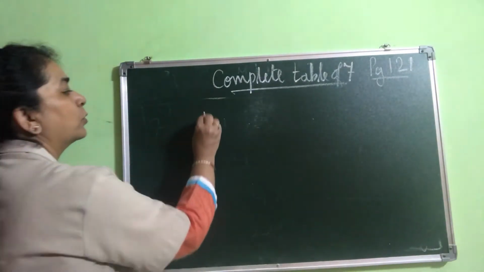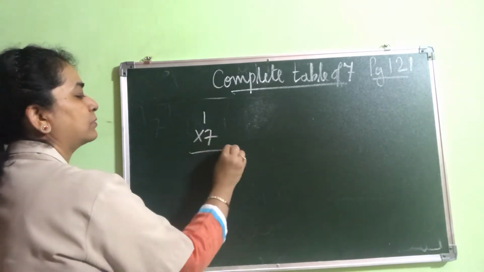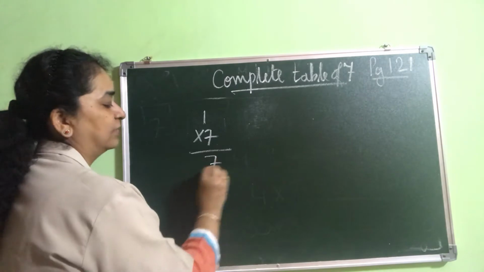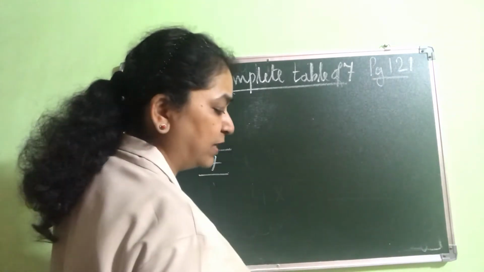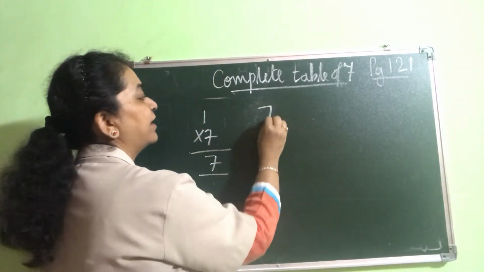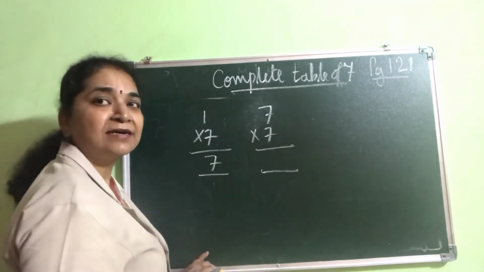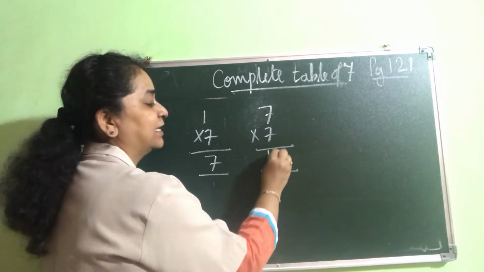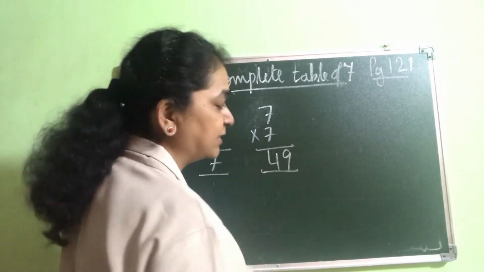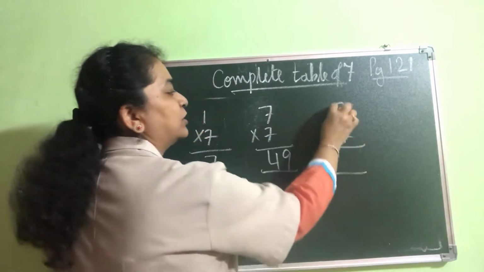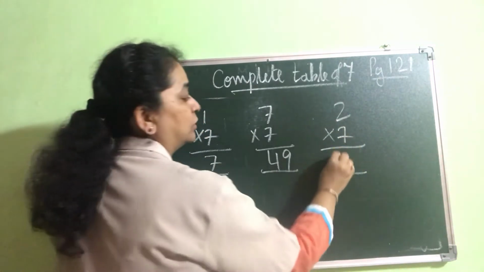First is 1 into 7. 7 ones are, what is the answer? 7. See, if you know the table, it is very easy. The next is 7 into 7. 7 sevens are 49. Then next is 2 into 7. 7 twos are 14.